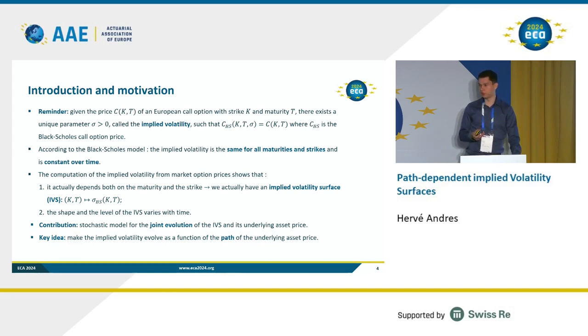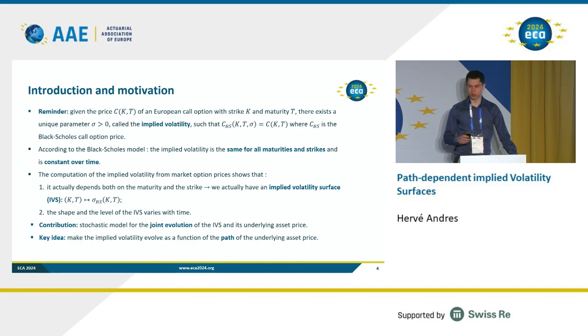According to the Black-Scholes model, this implied volatility should be the same for all maturities and all strikes. But in practice, if you take option prices from the market and compute these implied volatilities, you observe that they depend on both the strike and the maturity. So actually, you need an implied volatility surface to describe what is happening on the market.